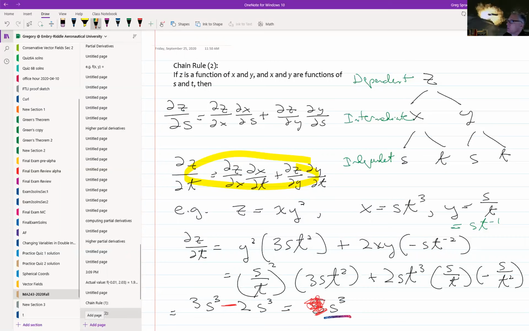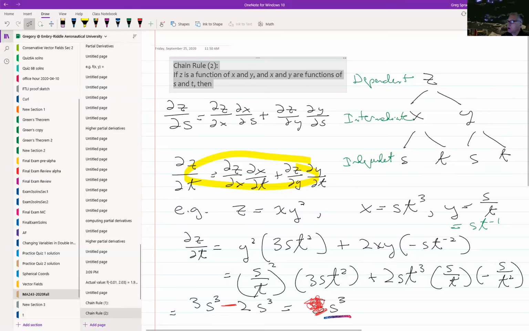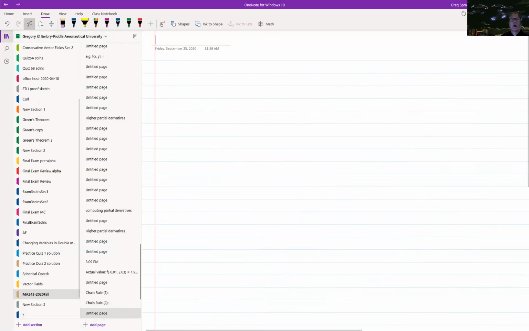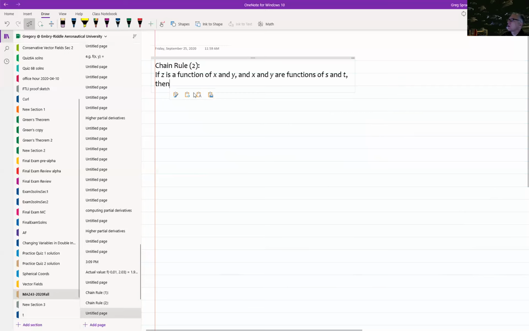So let's do one more chain rule. Let's take 3 intermediate variables and 1 independent variable. So suppose, I need to use a different letter, don't I? Okay, so suppose u is a function of x, y, and z.